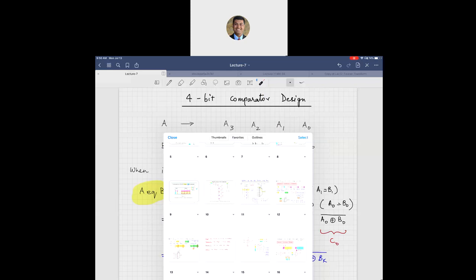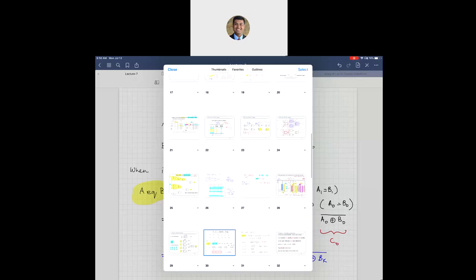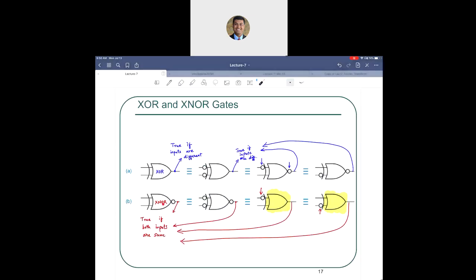What is the difference here? We had a 4-bit comparator earlier. This guy is an 8-bit comparator. So instead of having A3 and B3, you go all the way up to P7 and Q7. What is this guy? Are you guys able to see my screen, P7 and Q7?